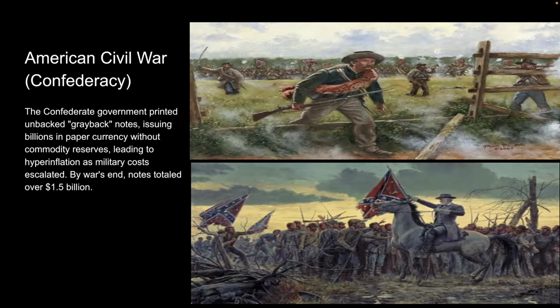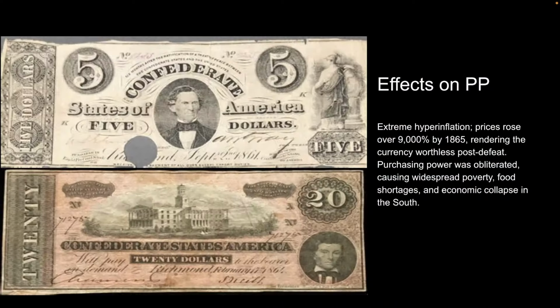Notes totaled over 1.5 billion. The effects on the purchasing power: extreme hyperinflation. Prices rose over 9,000% by 1865, rendering the currency worthless post-defeat. Purchasing power was obliterated, causing widespread poverty, food shortages, and economic collapse in the South.